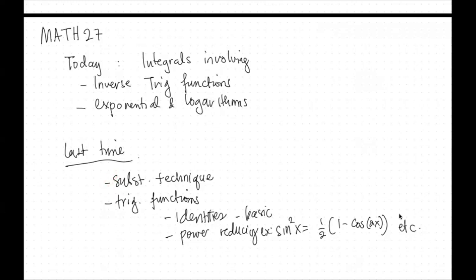And then we apply it to the power rule for the first part. And then the second part, we apply it also with integrals involving trigonometric functions. The ingredients here are the basic identities, such as sine squared plus cosine squared is equal to 1, and the other. And then also the power reducing identities, such as the sine squared of x is equal to this part here.